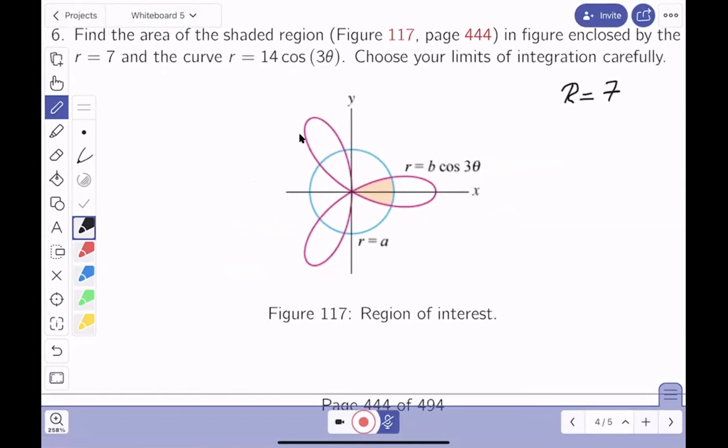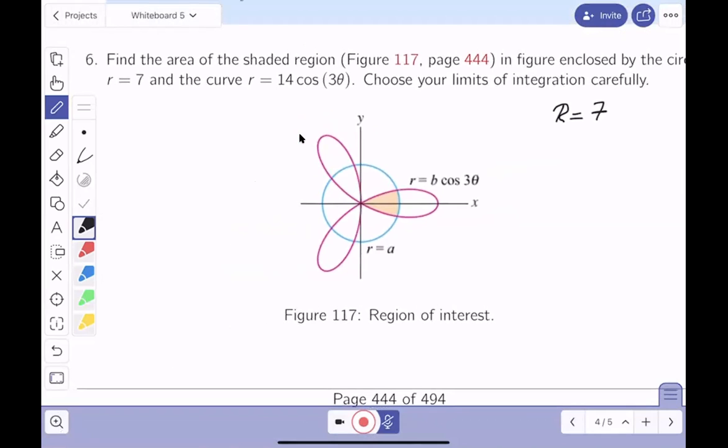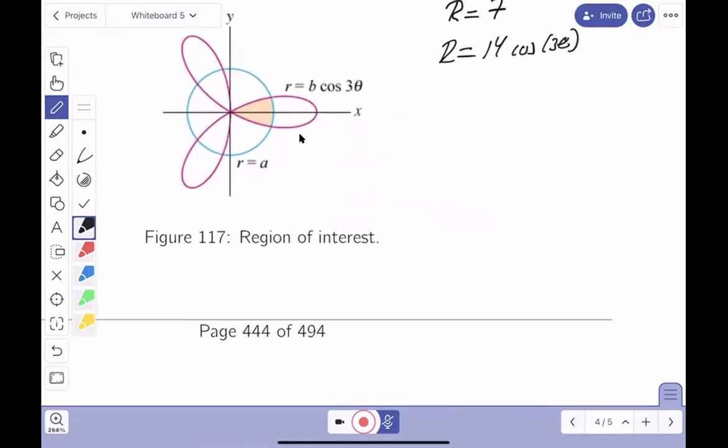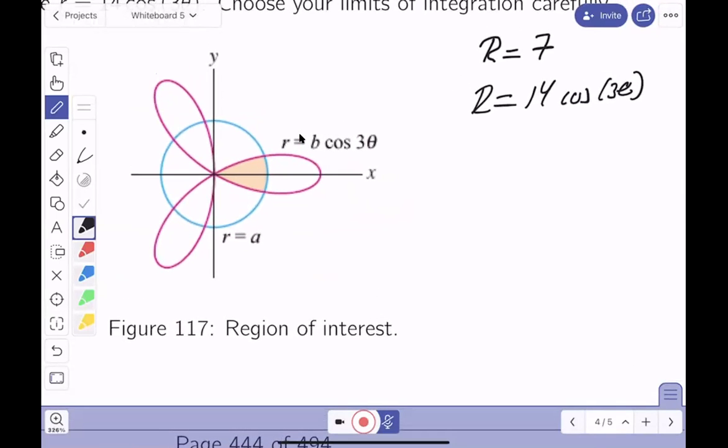Oh, by the way, I have to put the other equation down: r equals 14 cosine 3 theta. I would really love to know what that point is there. What I noticed is that they both have the same r there, so I'm going to set these two equal to one another and see if I can figure out the angle for that.